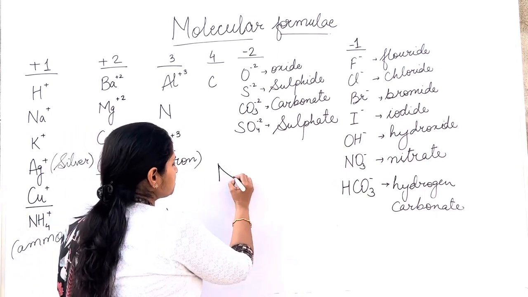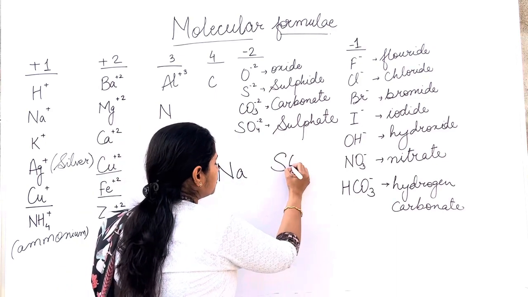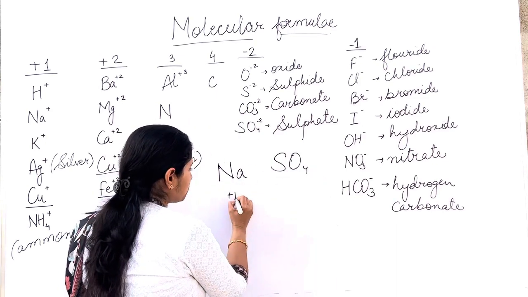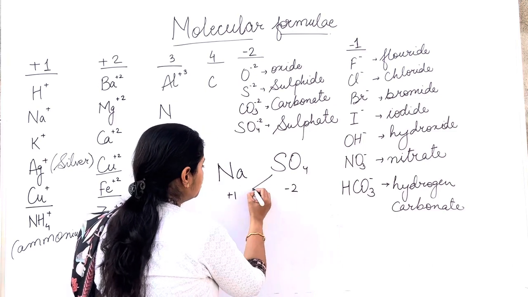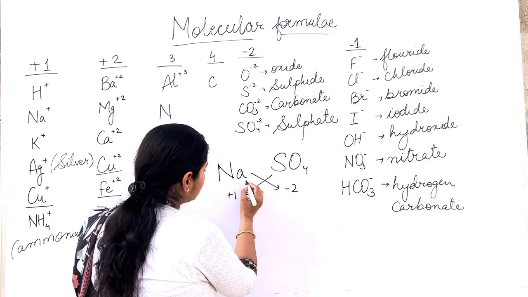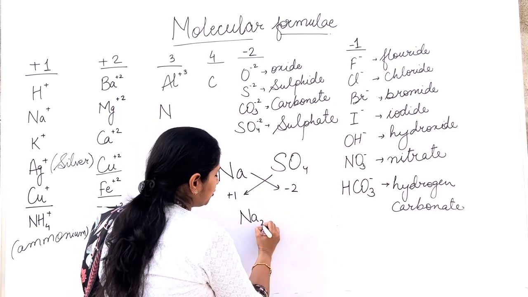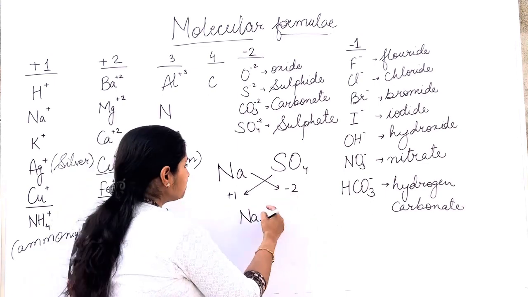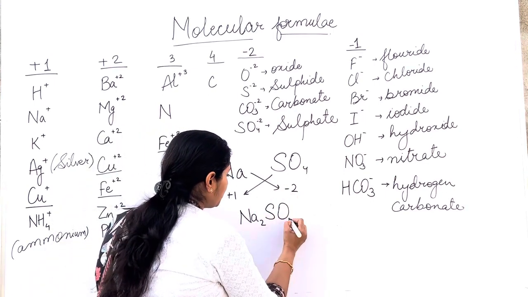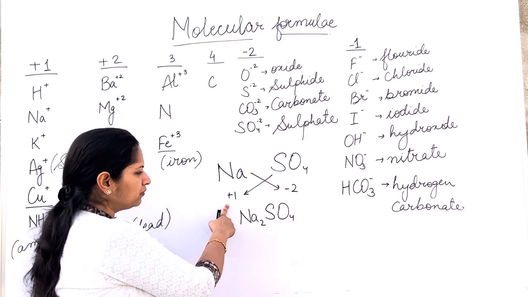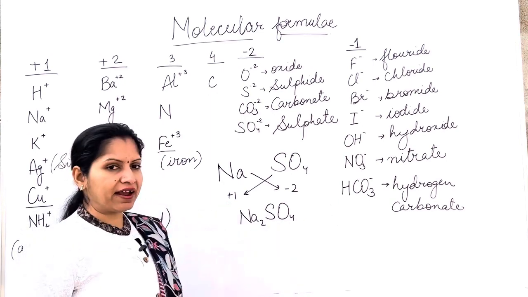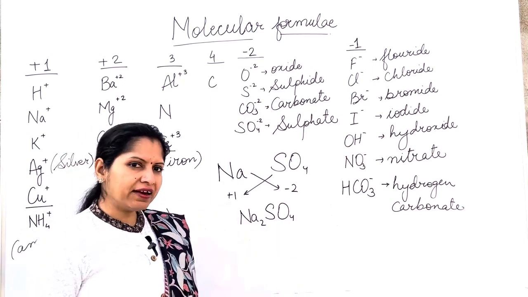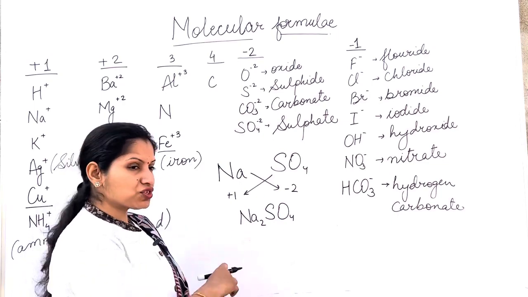For example, you are expected to write sodium sulfate. Sodium is plus 1, sulfate is minus 2. We use the crisscross method, and under sodium we write the valency of sulfate, and under sulfate we write the valency of sodium. It's one only, so we need not write that.